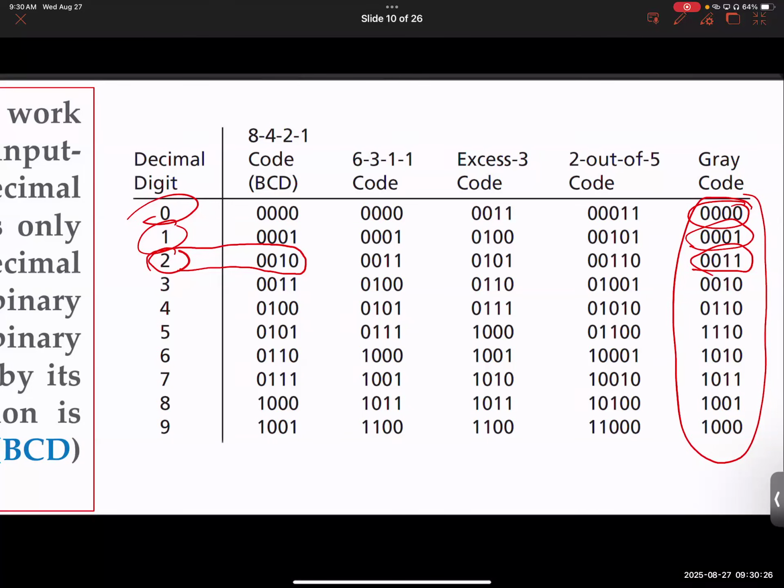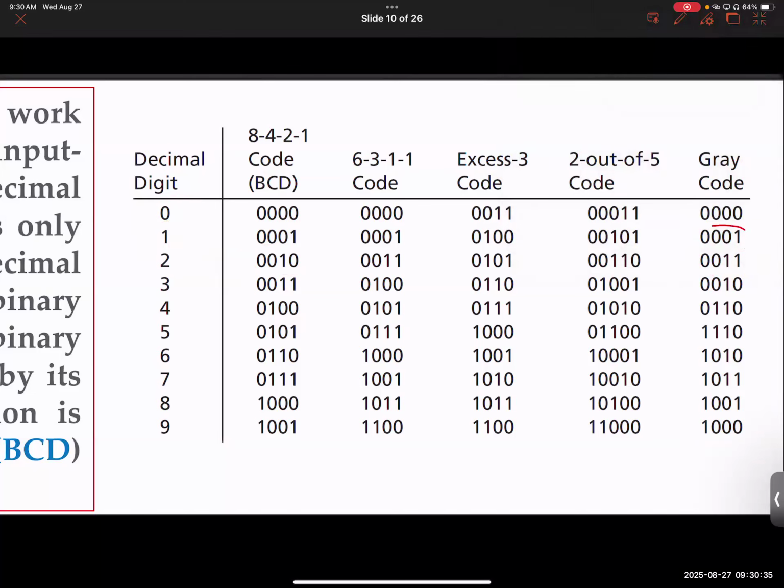In this representation system, they change just 1 bit at a time, just 1 bit. That's the rule. So notice if I were to go from 0, 0, 0, 1 to, let me write it here, 0, 0, 1, 0, which is the next binary representation, notice this bit will change and this bit will change.